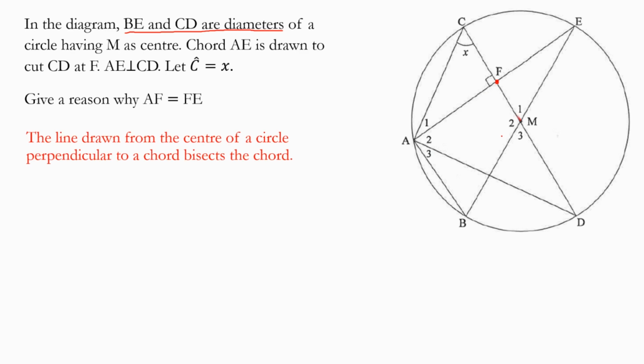So we have this line here which is drawn from the center of the circle and is perpendicular to the chord. It divides the chord into two equal parts, meaning that AF is equal to FE. So AF is equal to FE because of the line from center perpendicular to chord. That's the reason why AF is equal to FE.